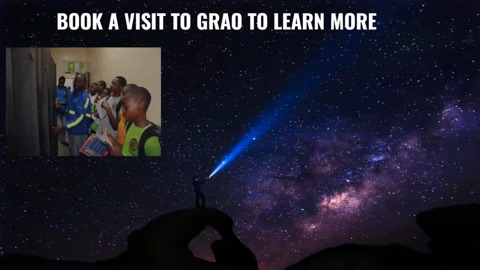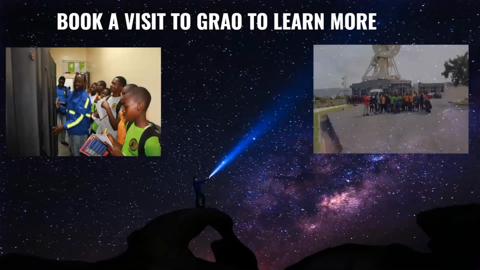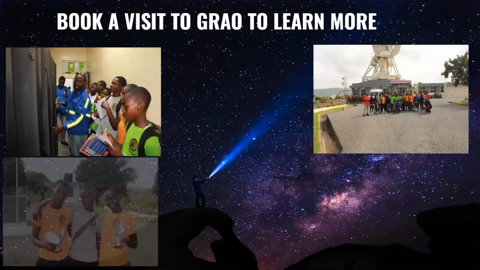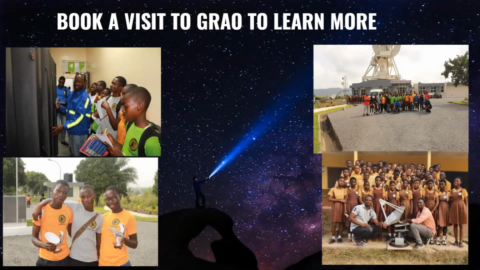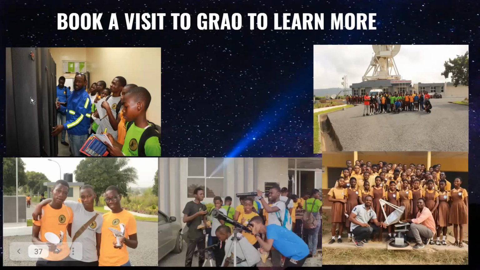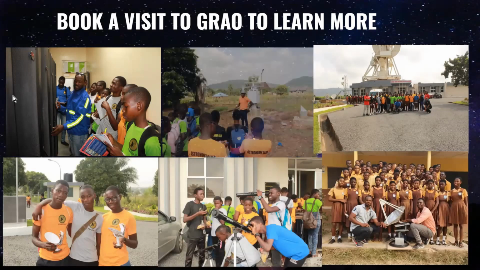I encourage you all to book a visit to GRAO to learn more. As you can see, some of the students visited, and here they are in the receiver room, which we learned about. There are so many activities. They can build their own mini prototype telescope, have access to some of the optical telescopes we learned about, and have that experience.